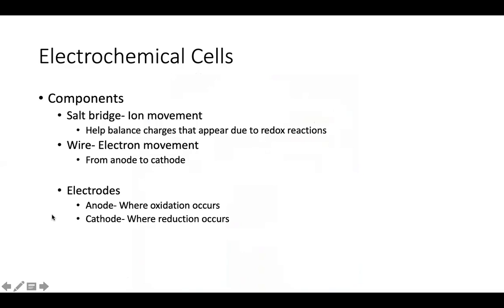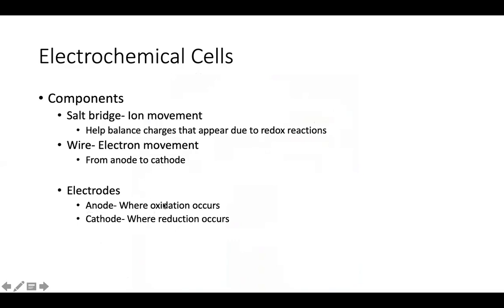Okay, now I know your professor, Dr. P, gave some suggestions on how to remember that oxidation occurs at the anode and reduction at the cathode. It's not the best trick. I'm not in love with it. However, I've always remembered it this way: anode starts with a vowel, and so does oxidation.